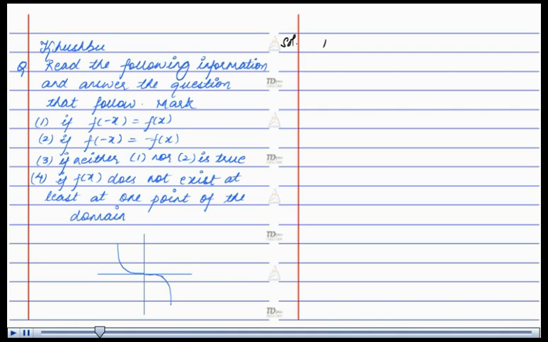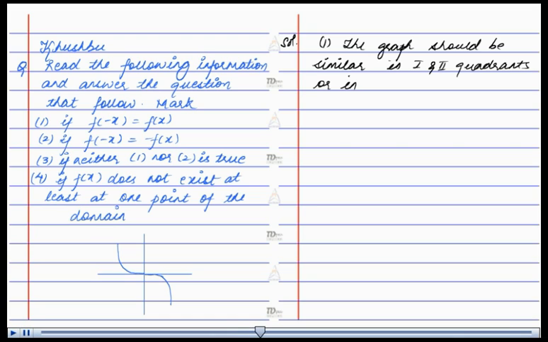Looking at the first option, that is, if f of minus x is equal to f of x, the graph should be similar in first and second quadrants or in third and fourth quadrant, but here it is quite visible that the graph is not similar.